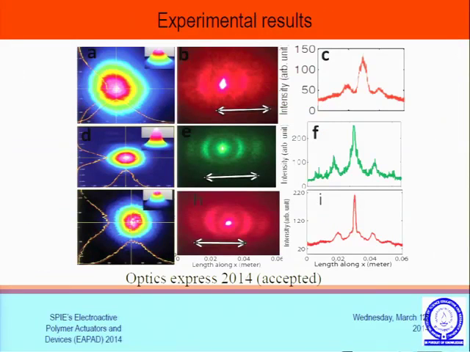Here are the experimental findings on our wings. This is the beam profile of my femtosecond laser system, this is the green laser beam profile, and this one is the red laser beam profile. One can see a more pronounced diffraction pattern up to second order.